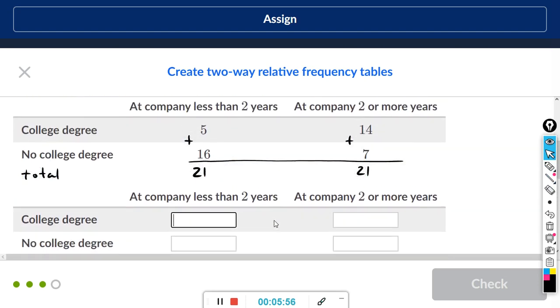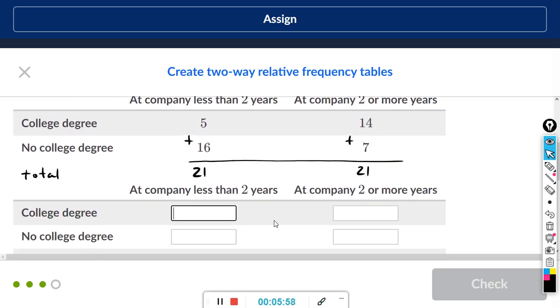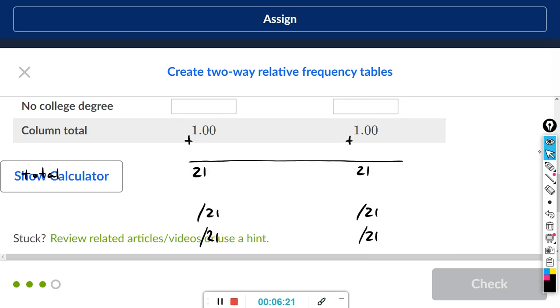All right? So I am just going to fill these in pen at first. Okay, all of our denominators are going to be 21. And the numerators are going to be the numbers that are given. All right, so this numerator is 5. I said I was going to do it in pen first. Hold on.